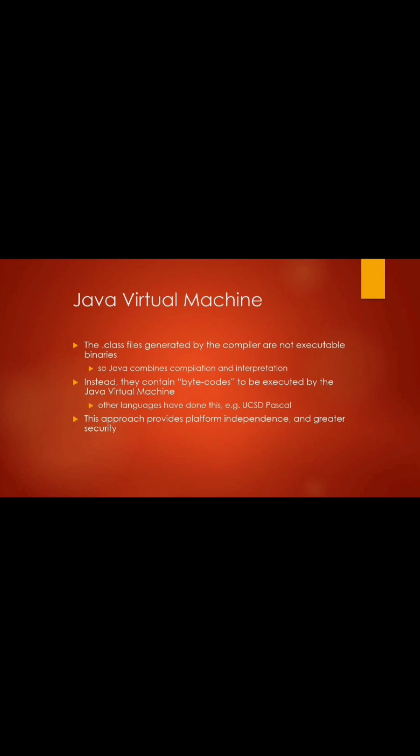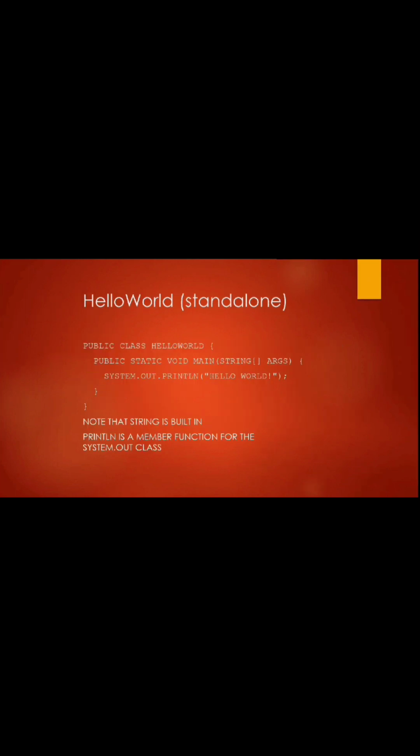This approach provides platform independence and greater security than other languages. So, the basic duty of the Java virtual machine is to verify and execute Java bytecodes. It is also known as the interpreter or the core of the Java programming language because it executes Java programs.